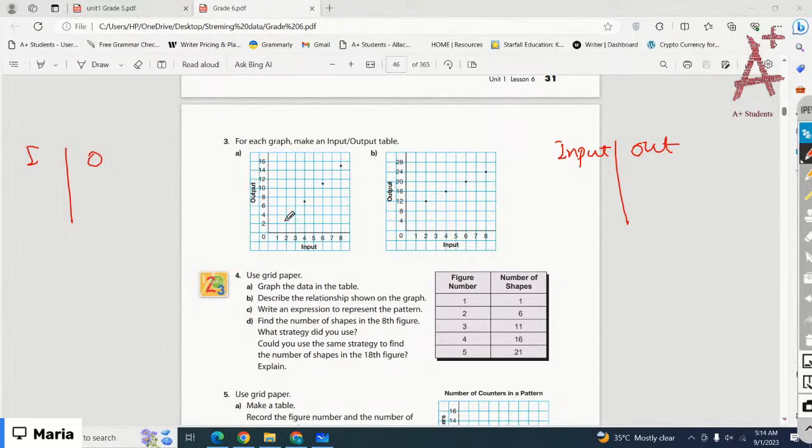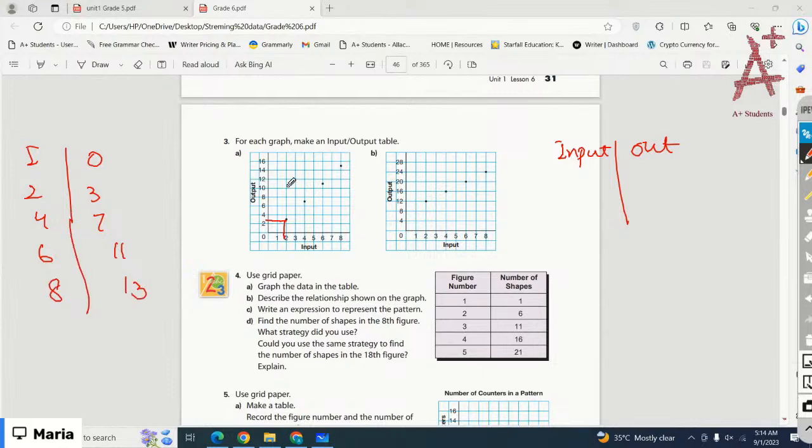And to the y-axis 2, and it would be in the middle of 2 and 4, so it would be 3. When input is 2, output is 3. Input is 4, output is 7. Input is 6, the output is 11. Input is 8, the output is 13. Right?